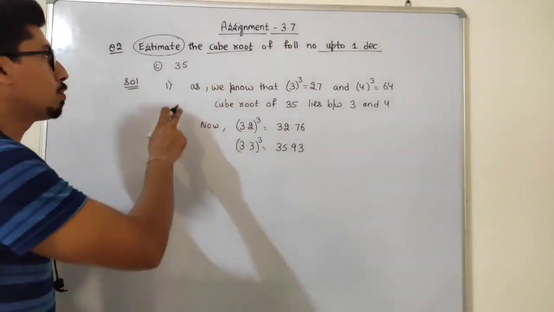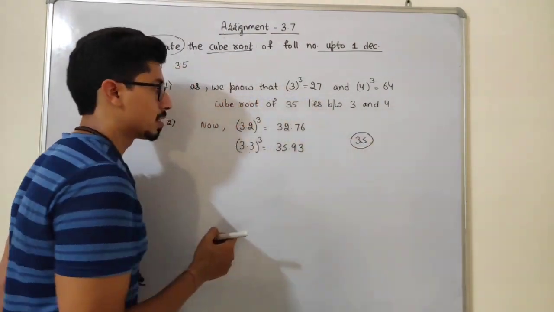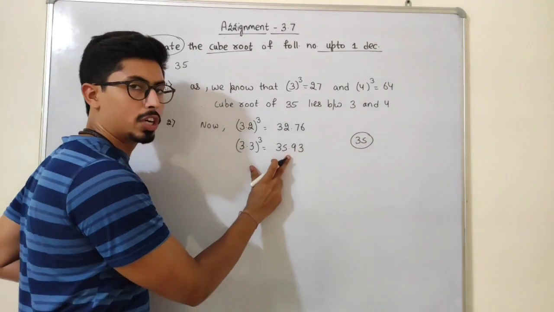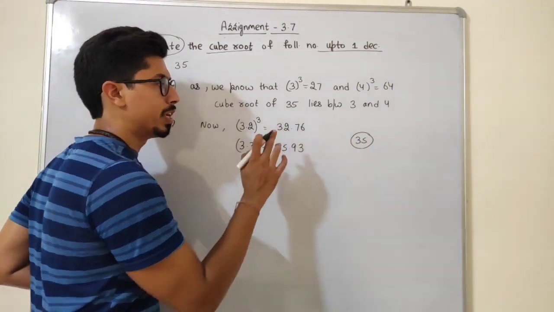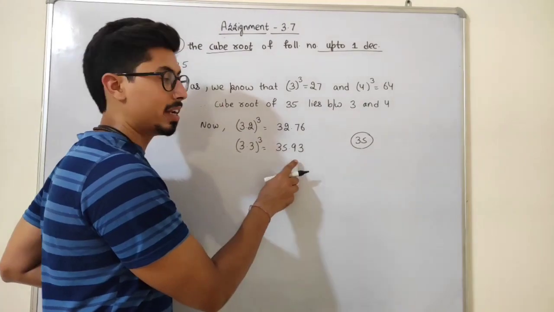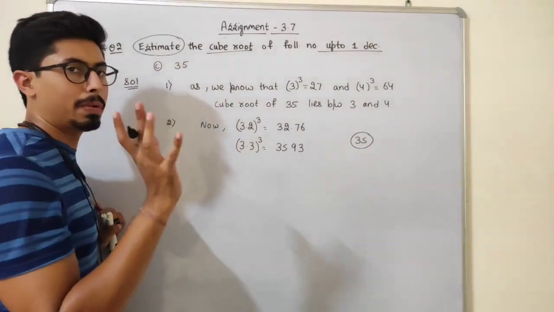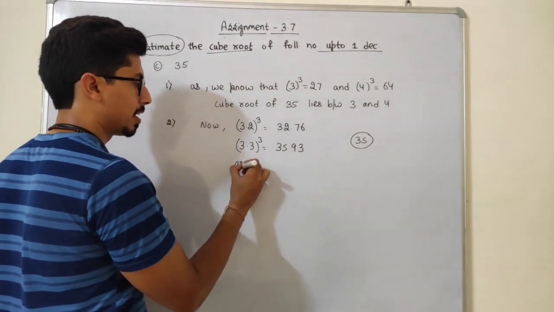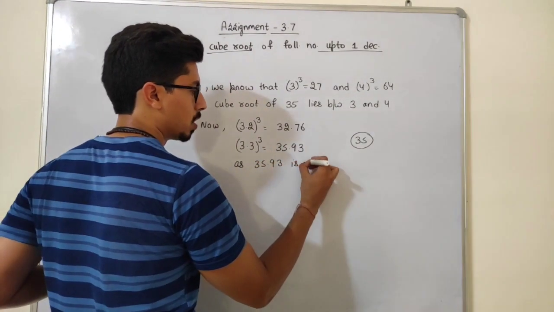Now we have to find the cube root of 35. See students, 35 is much closer to 35.93, because the difference is only 0.93, while here the difference is approximately 2.3. So this number is much closer, and we only have to find a rough estimate.